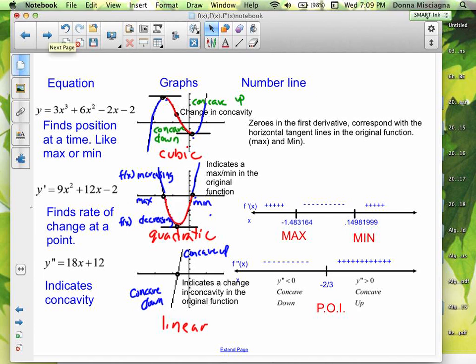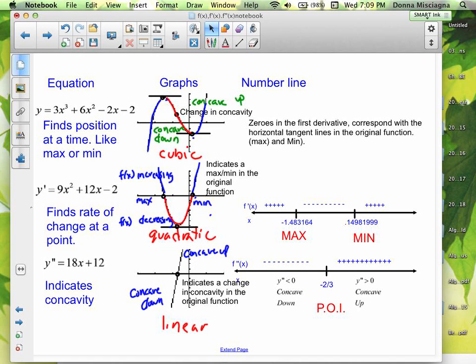Notice we have zeros in our first derivative, and they match up with where we have horizontal tangents in our function. A horizontal tangent in our function corresponds to a 0 in our derivative. It's an x-intercept for our derivative.